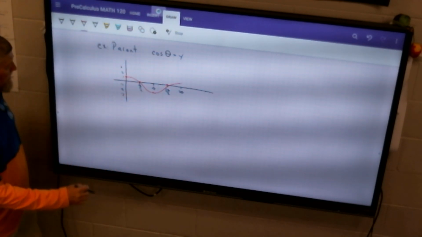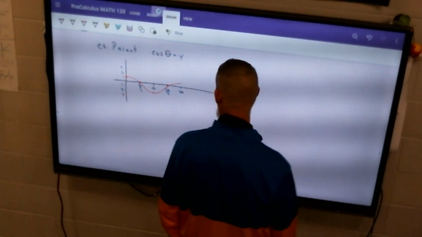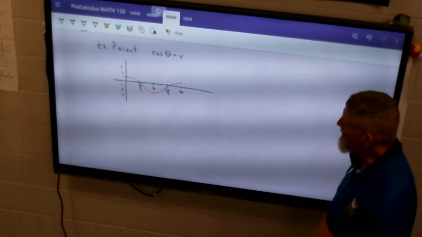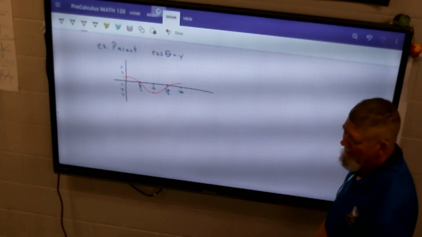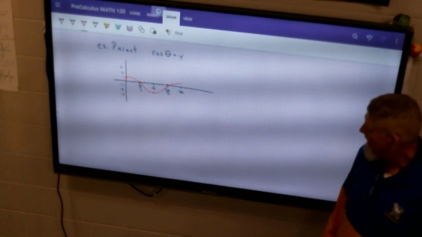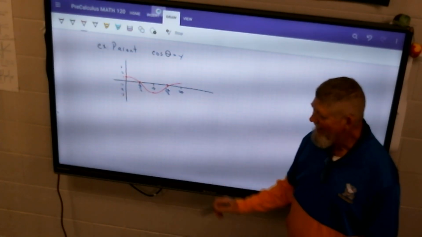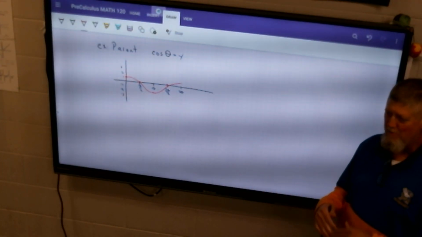Whoa, wait a second. What did I do wrong? Look at pi. What did I do with pi? Remember the amplitude has to be the same on both sides?